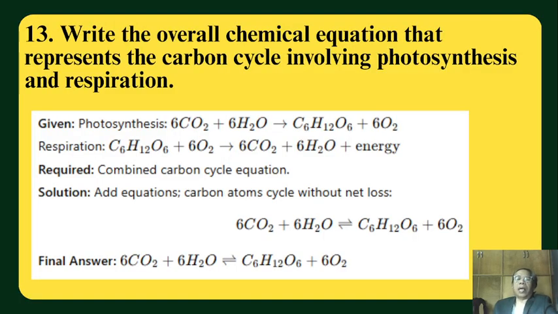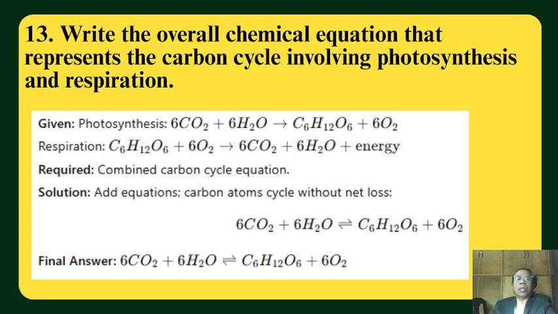In the respiration, we have 1 mole of glucose reacted with 6 moles of oxygen, and then we produce 6 moles of carbon dioxide, 6 moles of water, and then 36 to 38 adenosine triphosphate. Required: the combined carbon cycle equation.